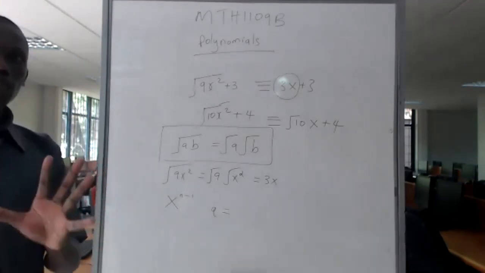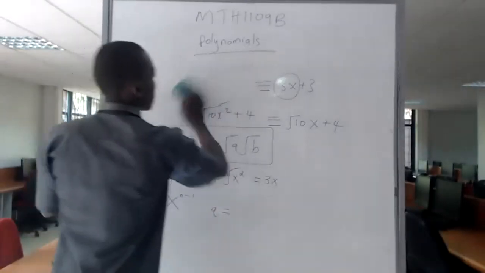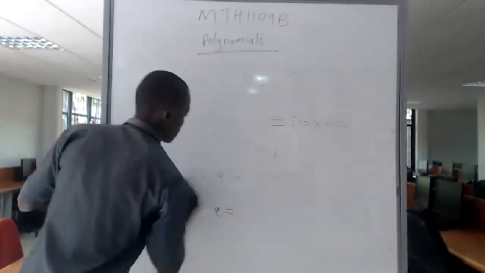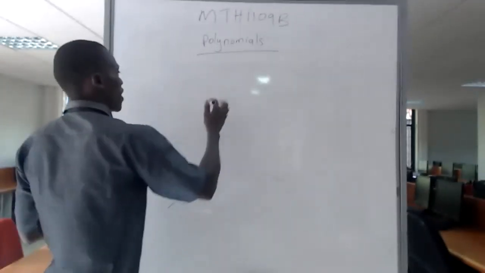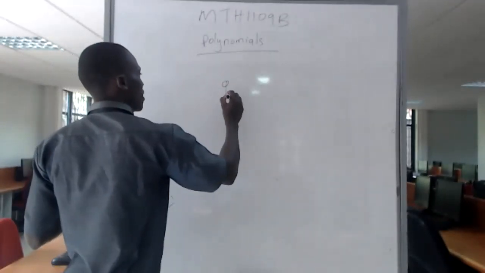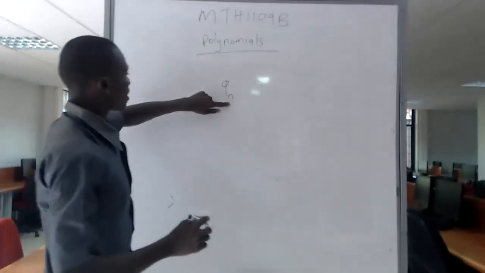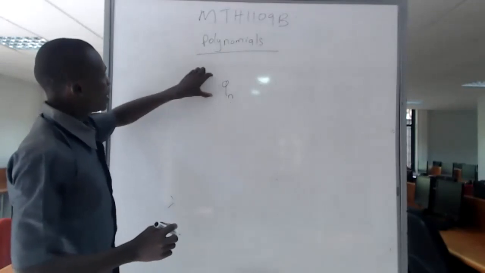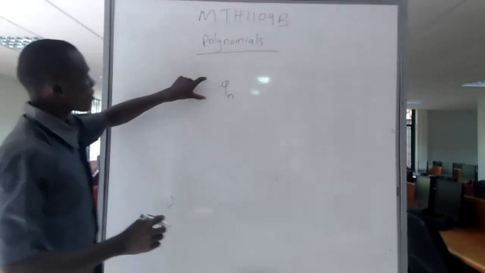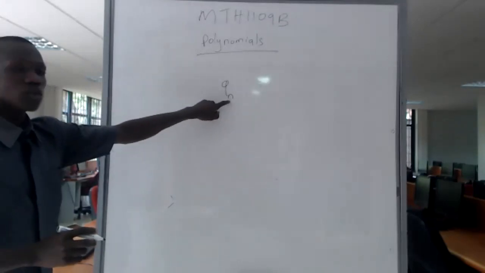No, don't confuse this with bases of logarithms. That is not a base. When I write a sub n, this is just a subscript, an index. This is not a base, please. This is not a base for logarithms.